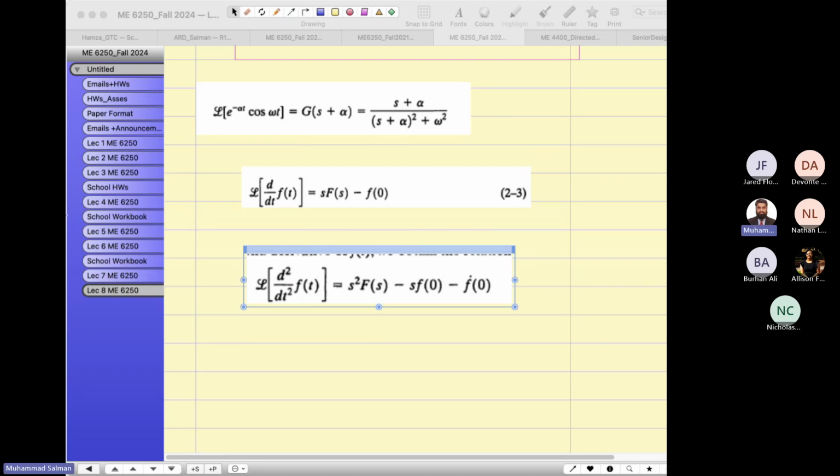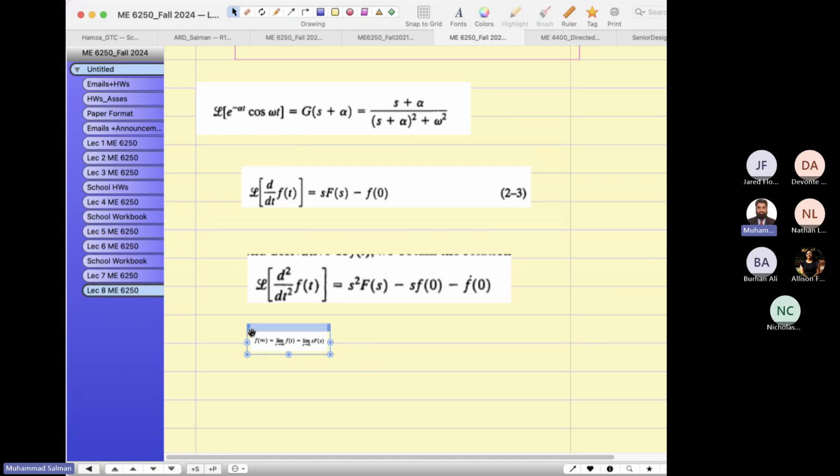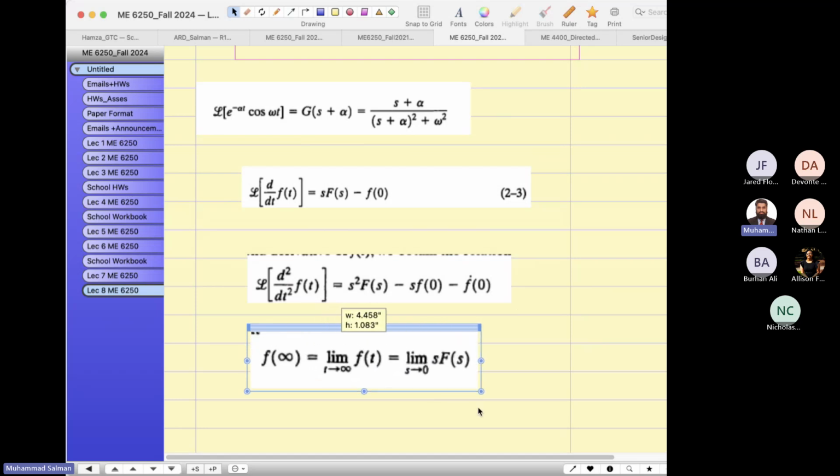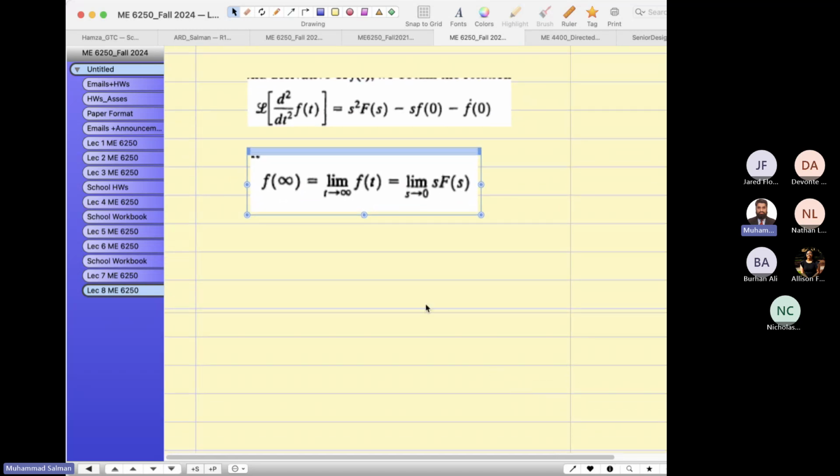There is another important formula known as the final value theorem. So what is the final value theorem? You might need it to see very quickly that if you plug in the time limit infinity in the time domain, the answer which you get is the final value theorem.